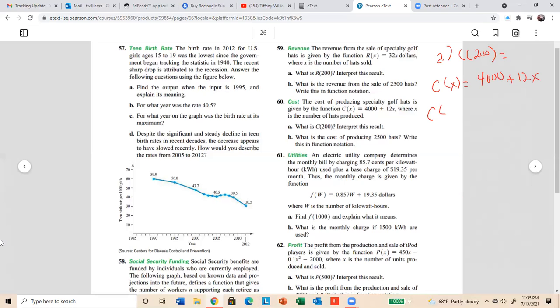So C of 200 is going to be equal to 4,000 plus 12 times 200. So I'm plugging 200 in wherever I see an x. When I plug that in, I do get 6,400 if I work it out. So what does that mean? It's going to cost $6,400 to produce 200 hats.